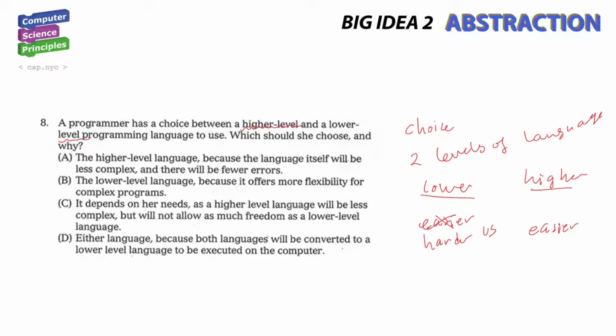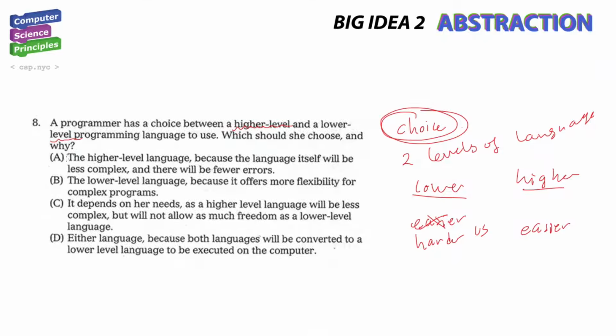It says, what should she choose? So here it's saying that she should choose the higher level. Well, that's not saying that she should always choose the one that's easier. Well, there is a level of choice here. She doesn't always have to choose easier. Maybe different languages, different levels for different purposes. So therefore, this one just really isn't making sense for me, because it also goes on to say because the language itself will be less complex and there will be fewer errors.